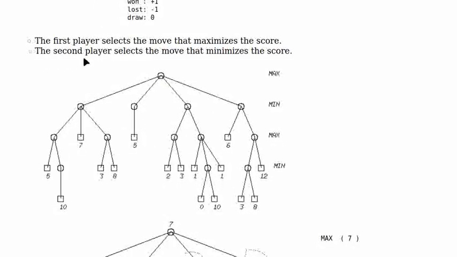So the strategy is that the first player selects the move that maximizes the score. The second player selects the move that minimizes the score. When looking ahead in the game tree, we only apply the evaluation function at the leaf nodes.